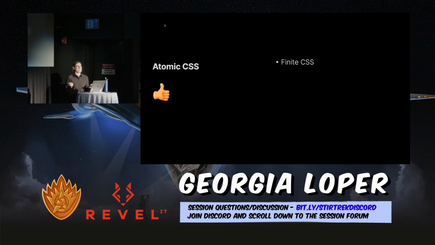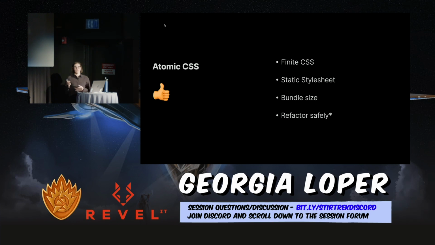We all know that naming is the hardest part of our jobs, so this is really, really helpful. We have a static style sheet, so we get all the performance benefits that we lose when we use Runtime CSS-in-JS. We have a small bundle size because we don't need to ship any JavaScript to the browser to be able to run our styles.